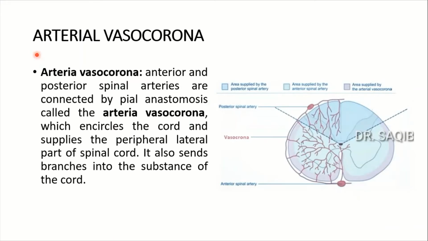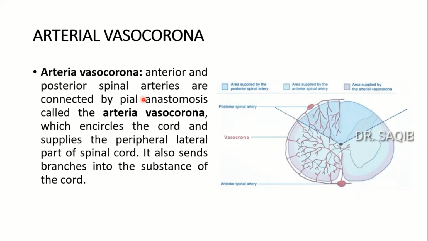So another term, the arterial vasocorona, right? You see, first spot it out. This is the arterial vasocorona. You see this along the border of the spinal cord. What is that?